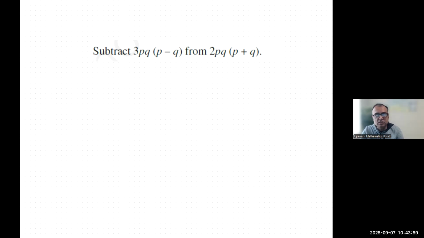Now, first things first, the stuff that I told you at the beginning, the expression that comes after 'from' needs to be written first. So I will say 2pq(p plus q). And then I'll say subtract 3pq(p minus q).